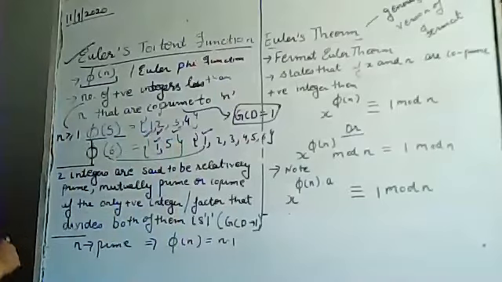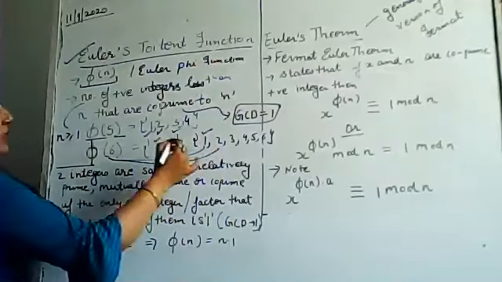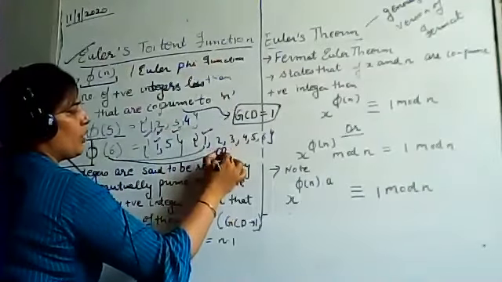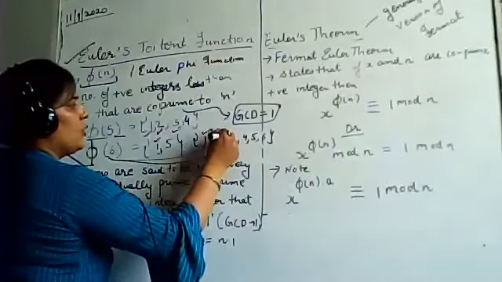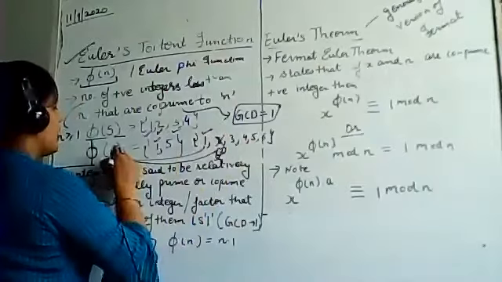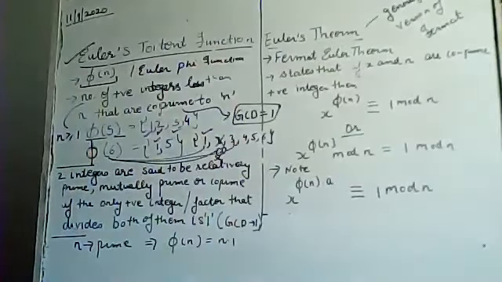If we check the GCD of 2 and 6, it is 2, which does not satisfy my condition, so I will not include this number. If I check the GCD of 6 with 3, again that is not satisfying, it gives the value 3, so that will not be included.